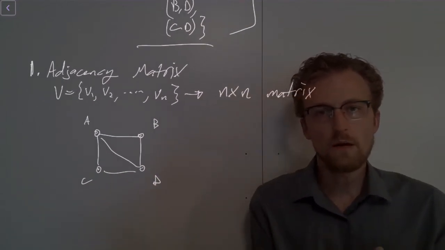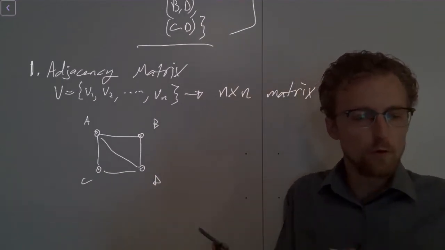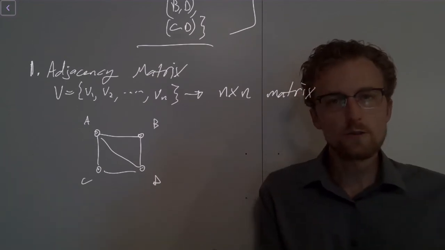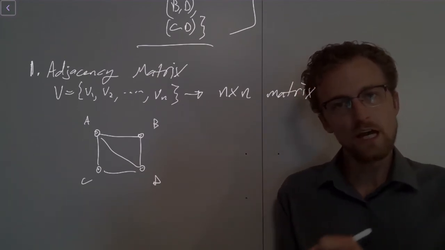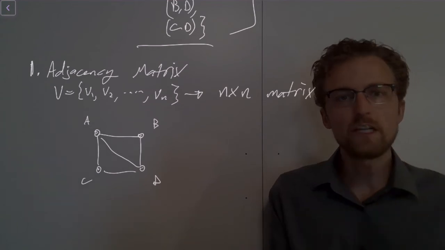This is a 4-node graph, so it has to be a 4 by 4 matrix. The reason it's 4 by 4 is because I associate a node with each column and each row.